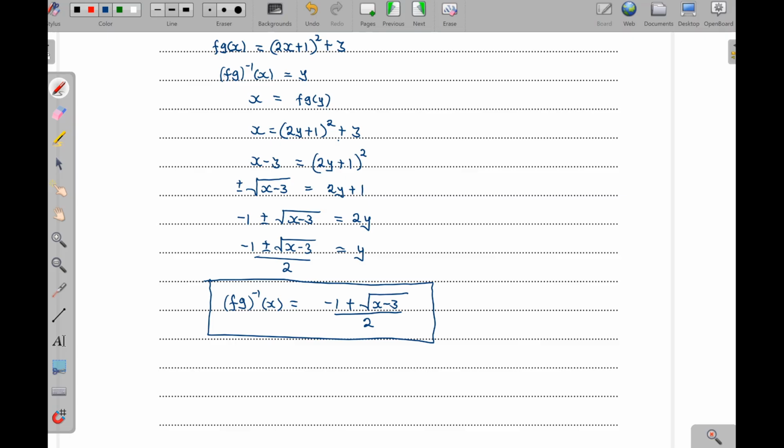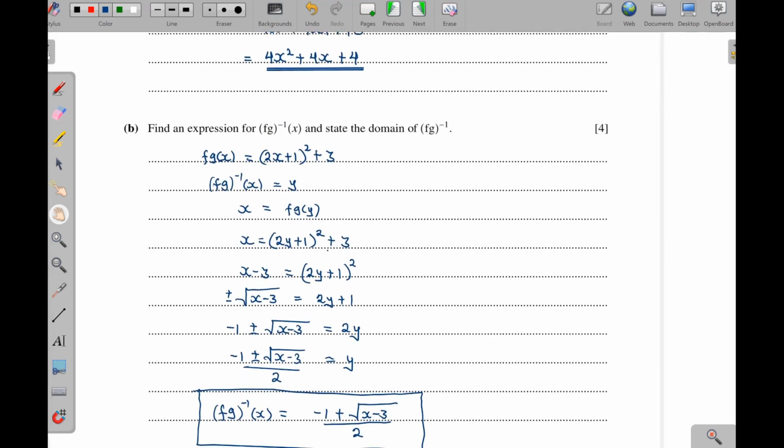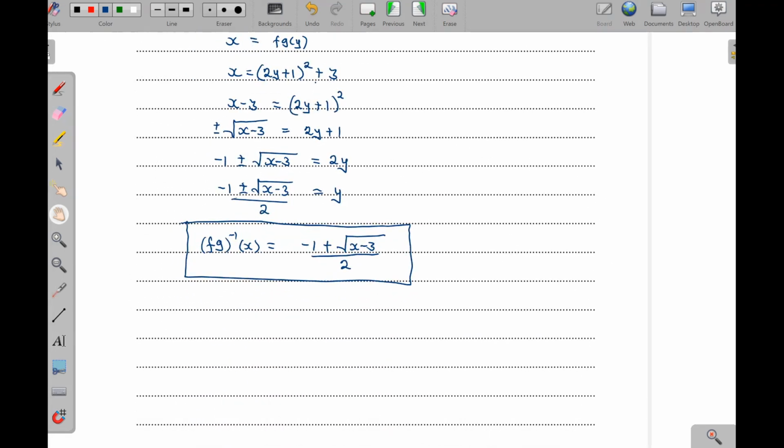So if you are looking at the right side of the turning point, then you will use the plus sign. If it is at the left side of the turning point, then you will use the minus sign. As simple as that. Now we need to find the domain of the (fg) inverse.